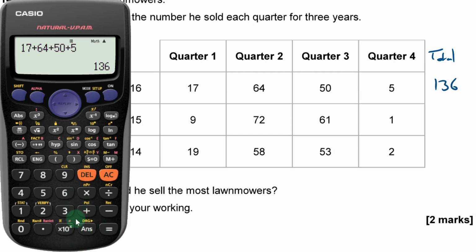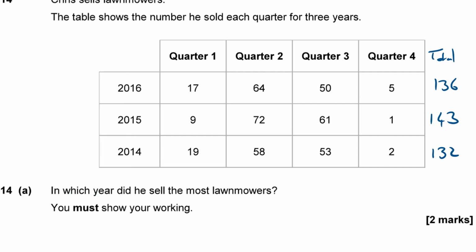Okay, then I've got 9 plus 72 plus 61 plus 1. That comes to 143. And then 2014, we've got 19 plus 58 plus 53 plus 2. That's 132. Okay, so we can see that the year he sold the most was that one there, which was 2015 then.